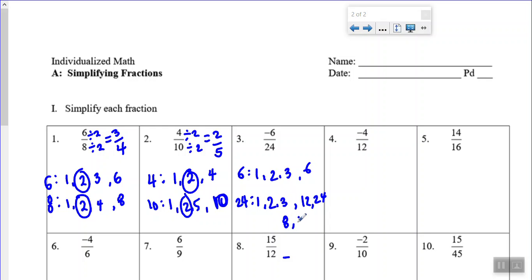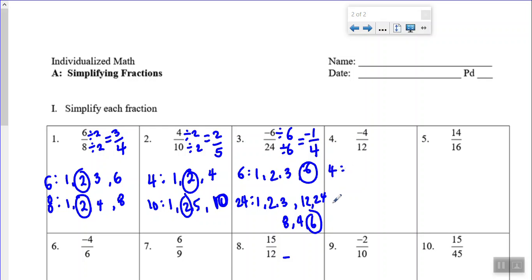I'm just going to write here. 4 times 6 also makes 24. So the GCF is 6. So divide by 6, divide by 6. 6 divided by 6 is 1. 24 divided by 6 is 4. You have a negative here, you need a negative here. Negative 1/4 is the simplified form of negative 6/24.